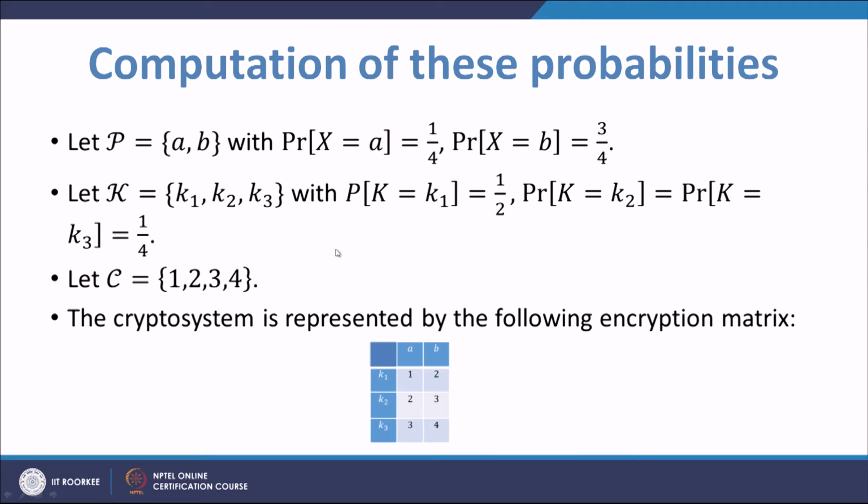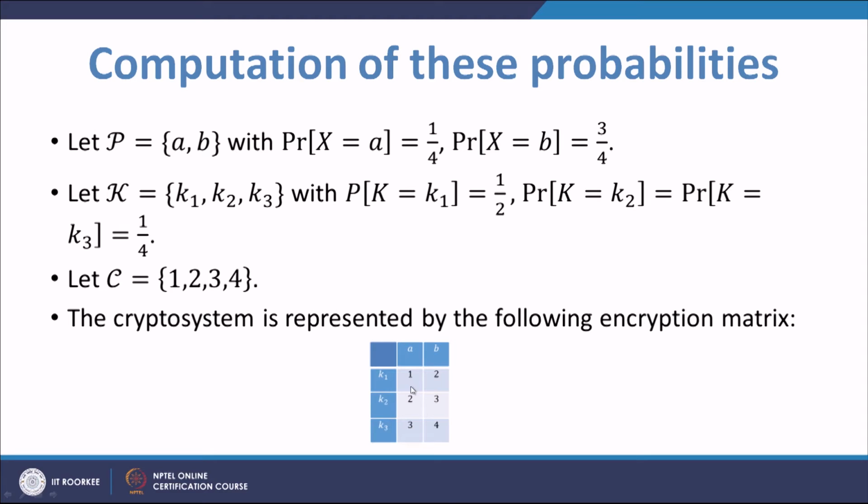the cipher text consists of 4 elements 1, 2, 3, 4. Now, we can represent the crypto system that we have formed in this way. If you look at this table, on the horizontal side, that is the columns, are marked A and B, and the rows are marked K1, K2 and K3.